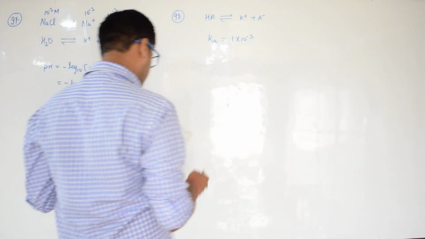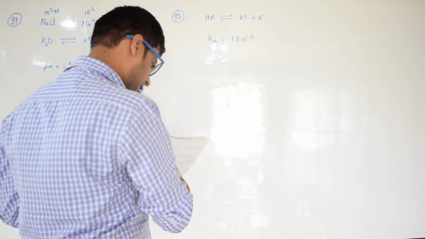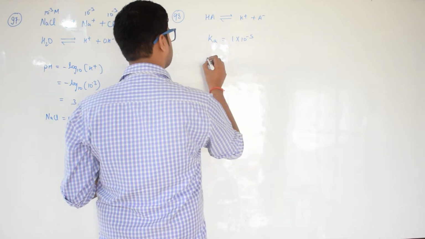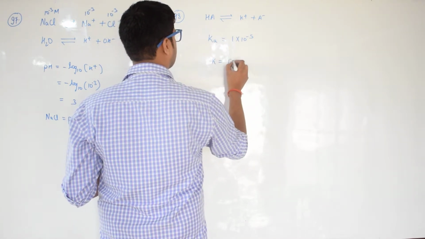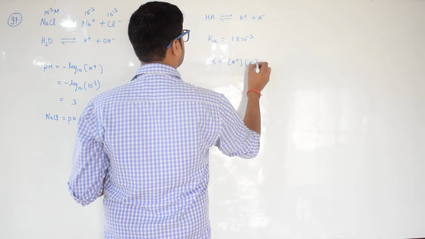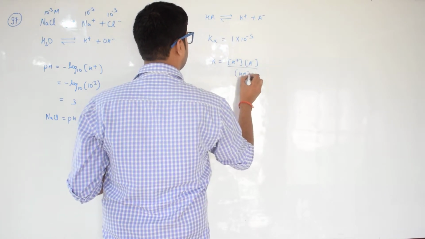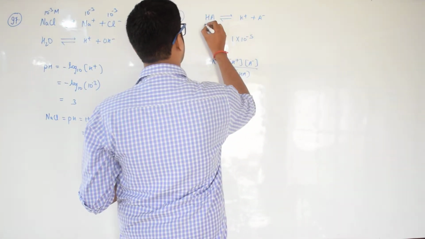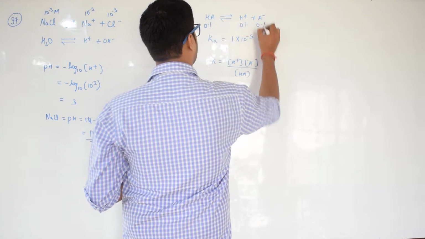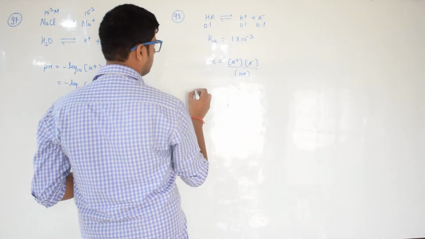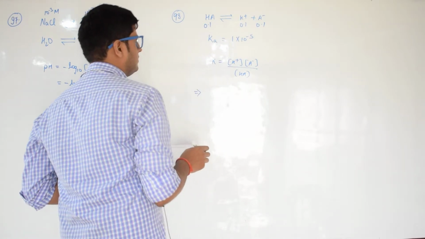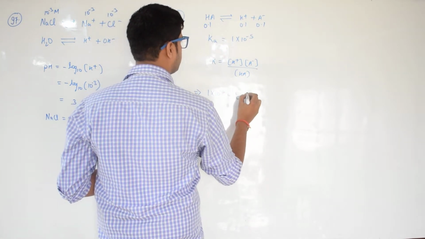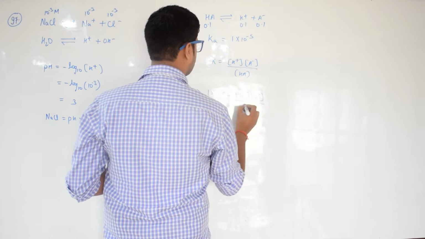The pH of a 0.1 molar solution. It is given like this, and if we have a 0.1 molar solution, the value of K is given as 1 into 10 raised to the power minus 5, which is the concentration of H plus ion times the concentration of A minus ion upon the concentration of HA.